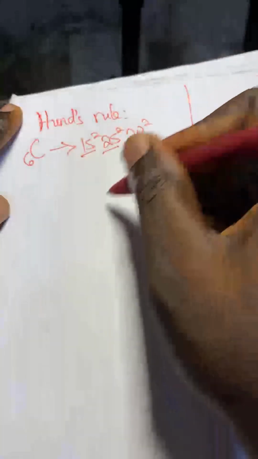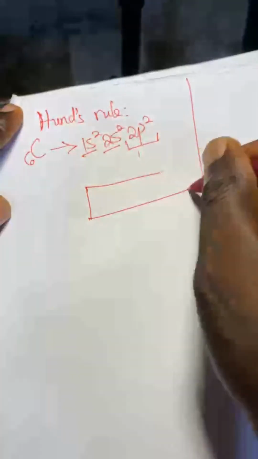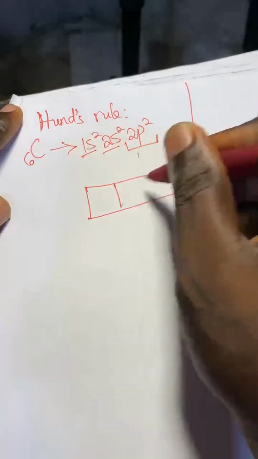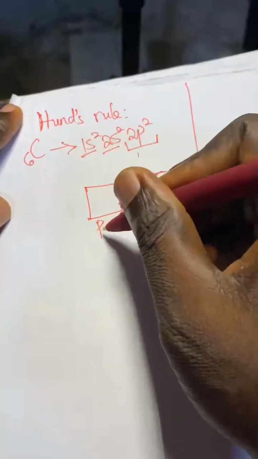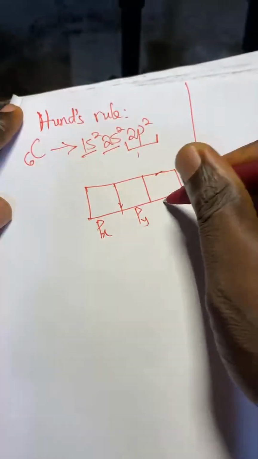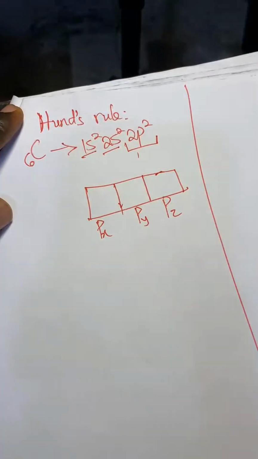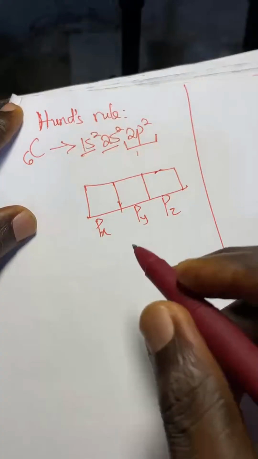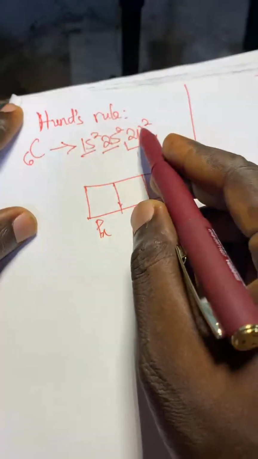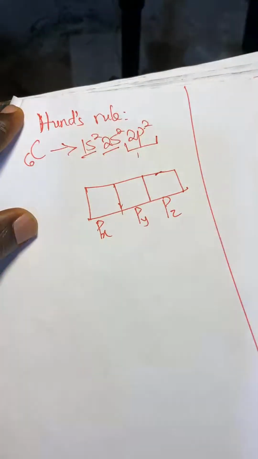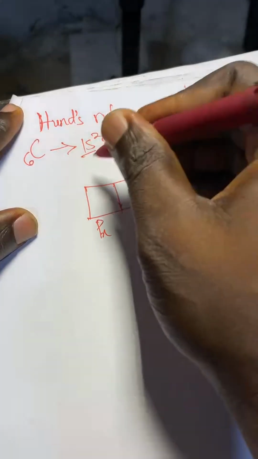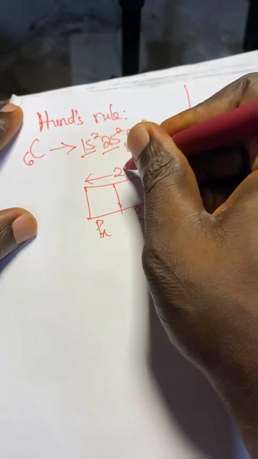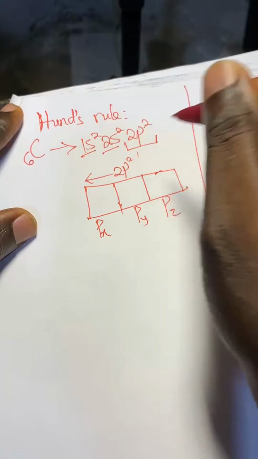So when you draft this out, the p orbital has 3 interior compartments: px, py, and pz. Hund will say that you should allocate the electron in p 1 first, meaning, remember, what we have here in carbon atom is 2p2, that is p2.